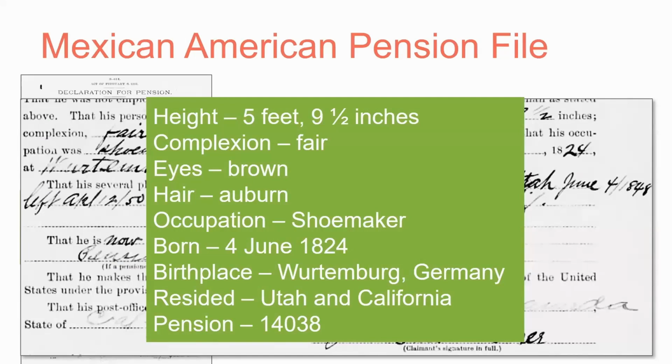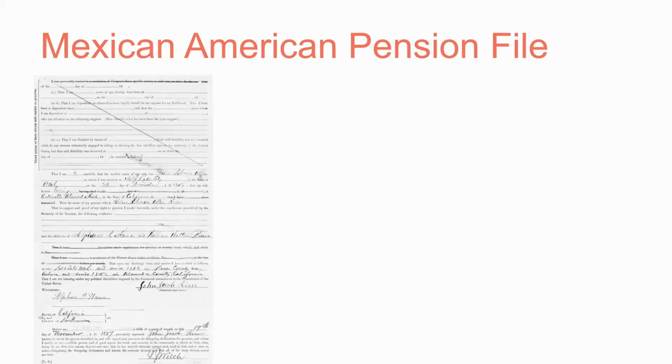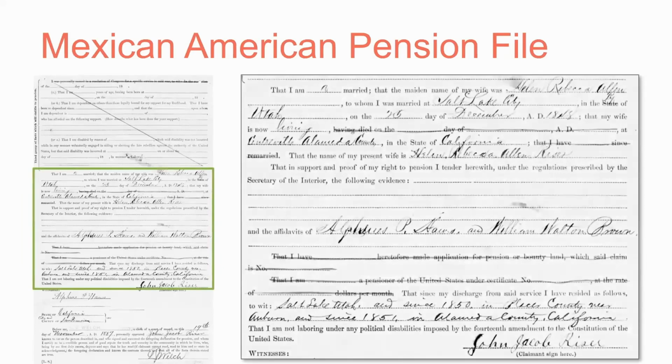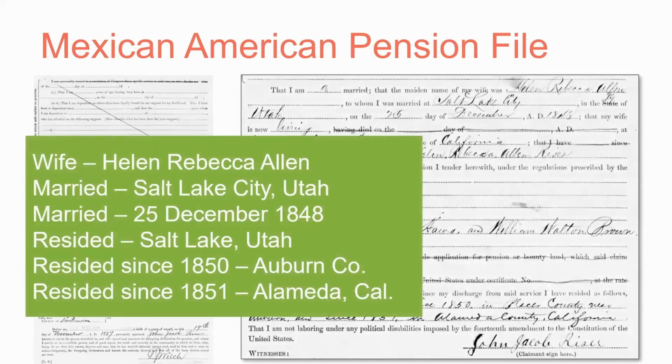And then it also includes some of his residences in Utah and California. And then the other part of the declaration for his pension includes a log about John's marriage to his wife Helen, where they were married and when. Also, more specifically, where they resided in Utah and California, which can then help you find other records.